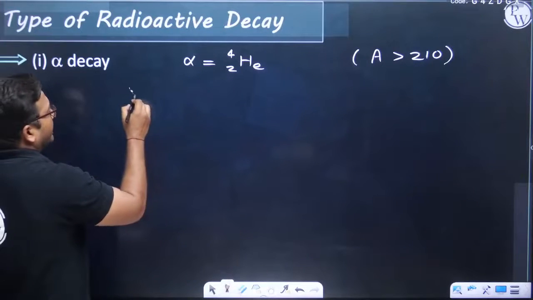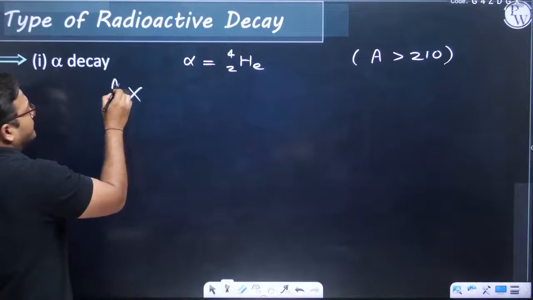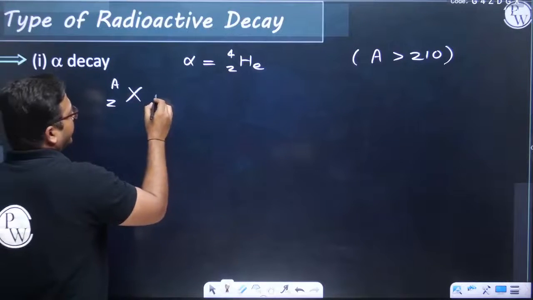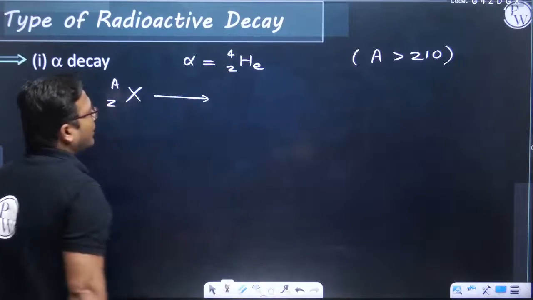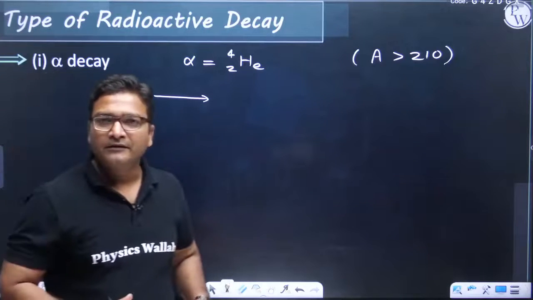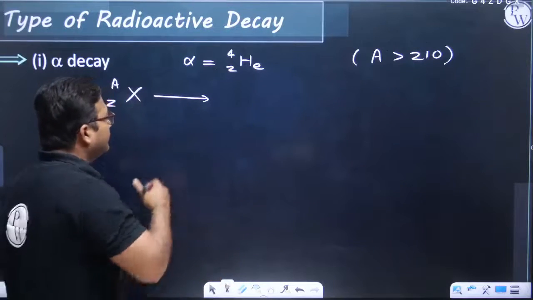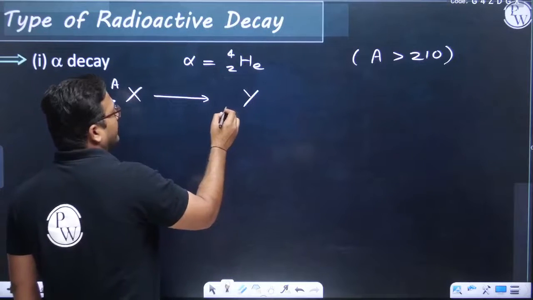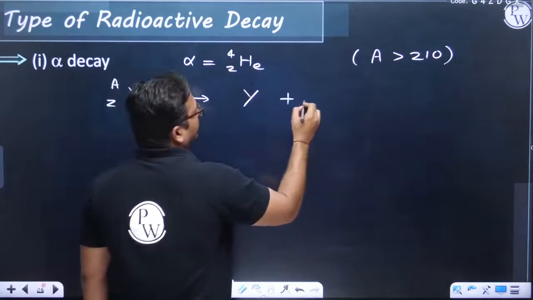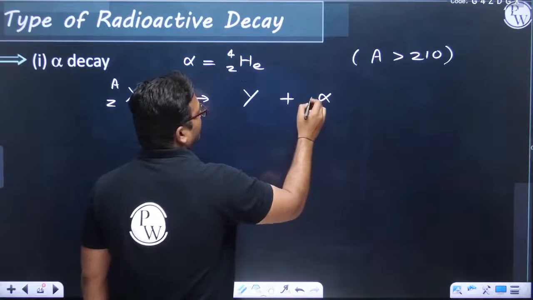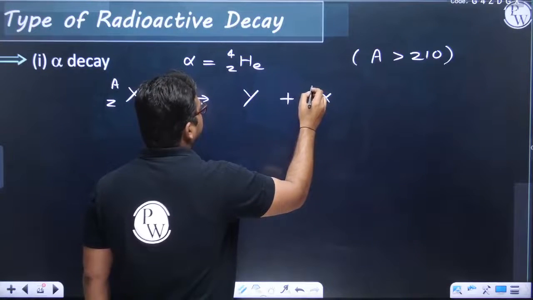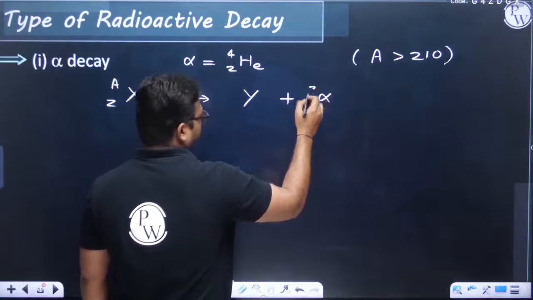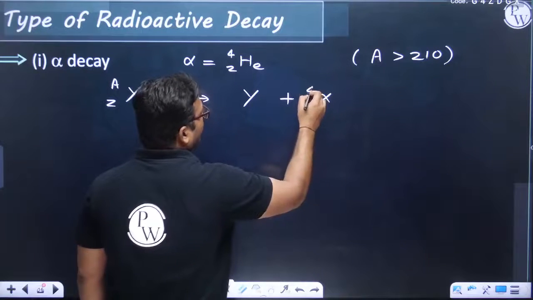Suppose we have an element X whose mass number is A and atomic number is Z, and it emits an alpha particle. When it emits an alpha particle, the remaining nucleus changes. Let us say that this is Y. An alpha particle has 2 protons and 2 neutrons, so the total number of nucleons is 4.